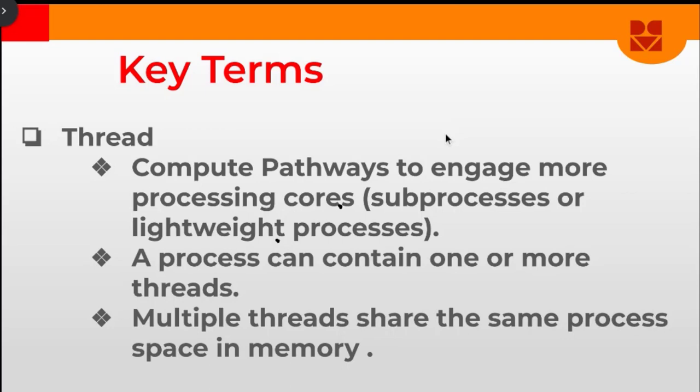Bear in mind that these paths are still in the memory, but they are just to get help from the other cores in the system unit. But for now, just think of a thread as a sub process. Now know that a process can contain one or more threads, right?